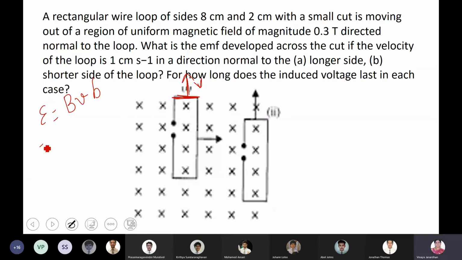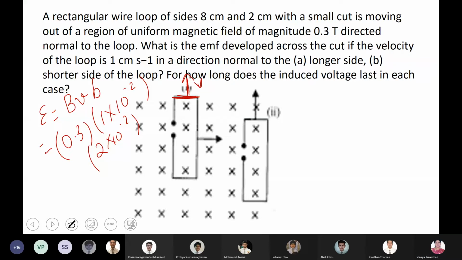Right, boys? What is the value of B? 0.3. This is 1 into 10 to the power of minus 2 into 2 into 10 to the power of minus 2. So what will be the value? Is it 6, boys? Yes, ma'am. 6 into 10 raised to minus 5 volt.